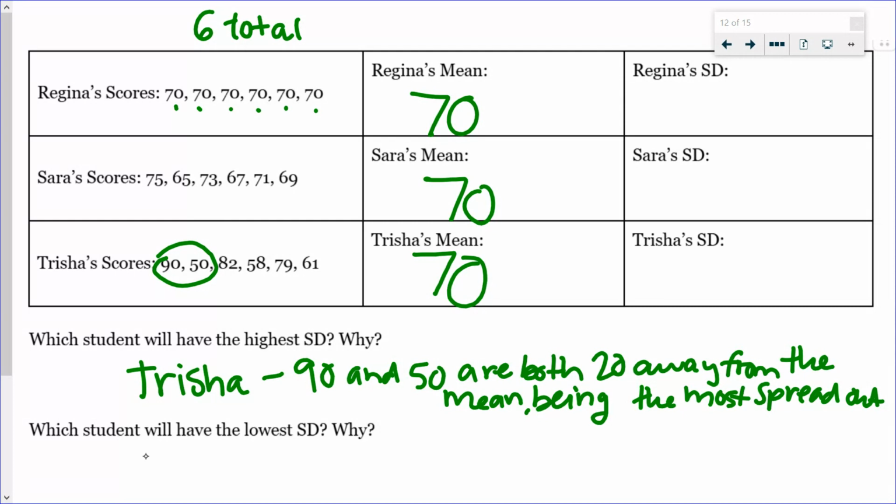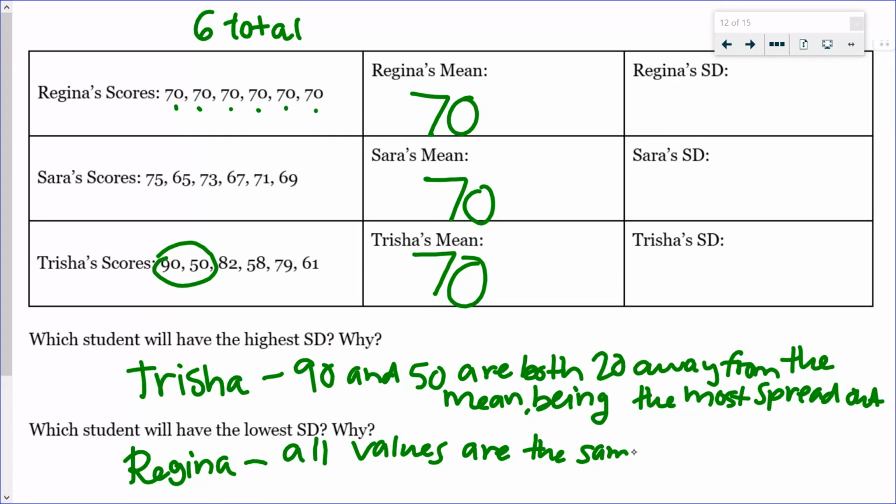The lowest standard deviation is going to be Regina, because all the values are the same as the mean, which means that our data is going to be really, really close together. It's all the same numbers, so it's all super close together, which is a good thing, okay?